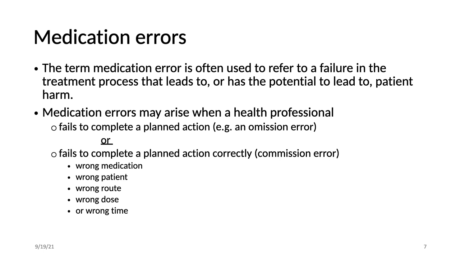Medication error may arise when healthcare professionals fail to complete a planned action, an omission error, or fail to complete a planned action correctly, what we call a commission error, when they give the wrong medication to the wrong patient, by the wrong route, wrong dose, or at the wrong time.